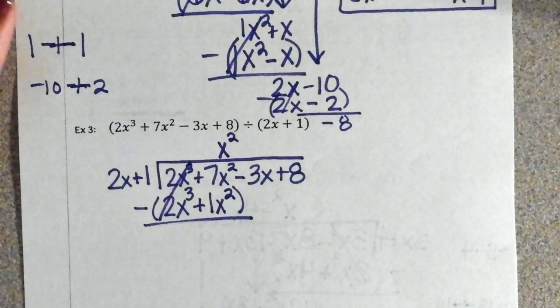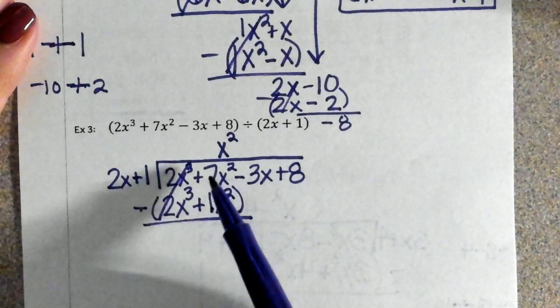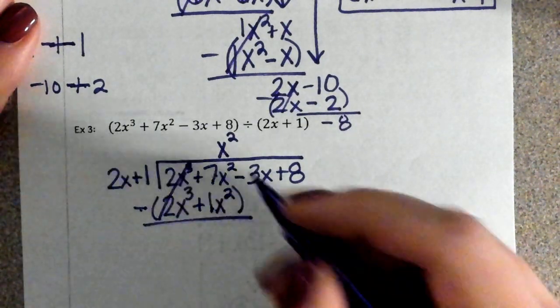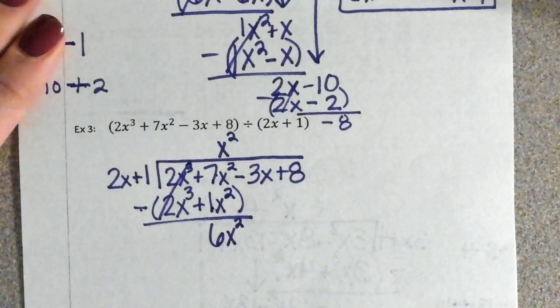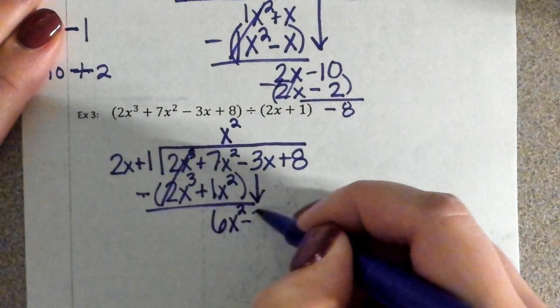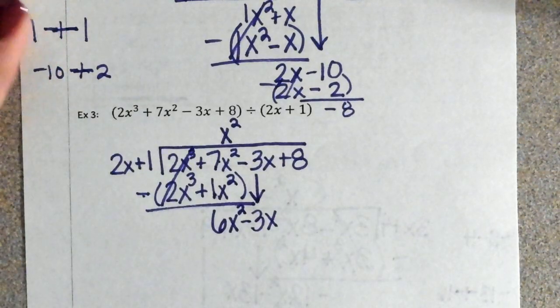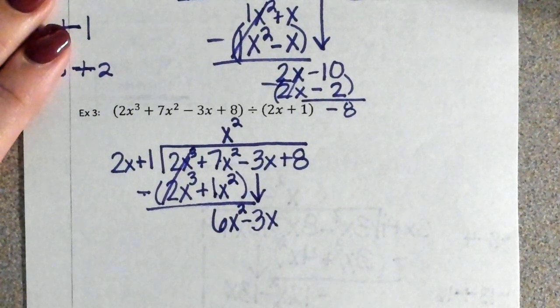Those cancel. You have 7 minus a positive 1. So 7 minus 1 is 6x squared. Then we bring down the minus 3x. And then we repeat the process.